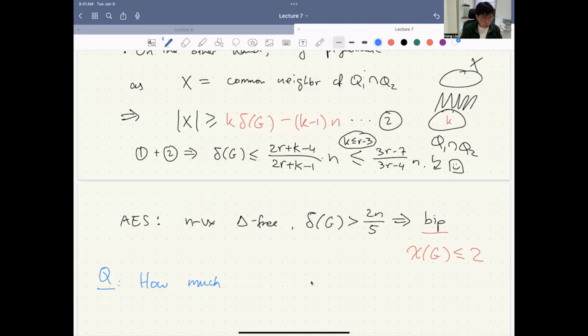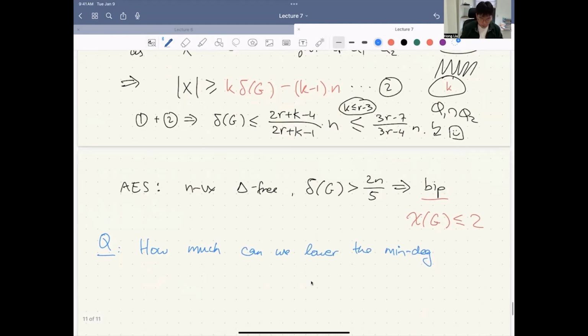How much can we lower the minimum degree if we only require a bounded chromatic number?